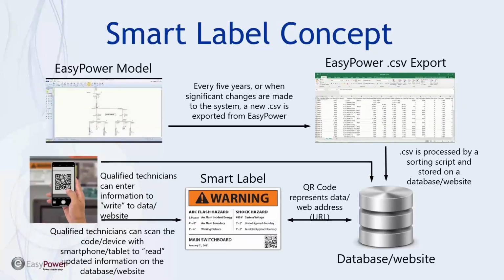I did want to touch on the advantages and where things are being implemented in the utilization of the QR code. For some number of years now, EasyPower has had the ability to include in the arc flash labels, and some customers call it a smart label, this QR code.